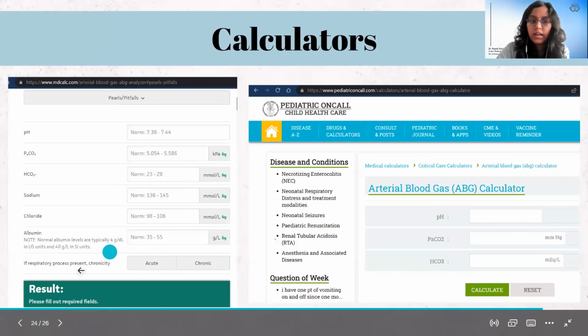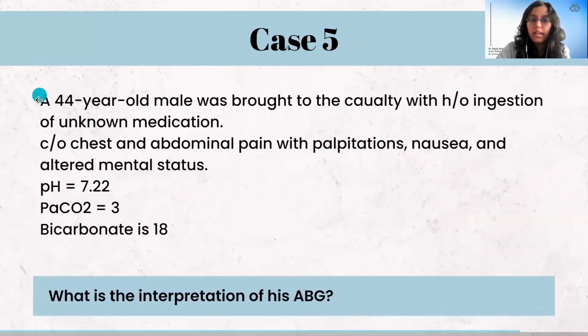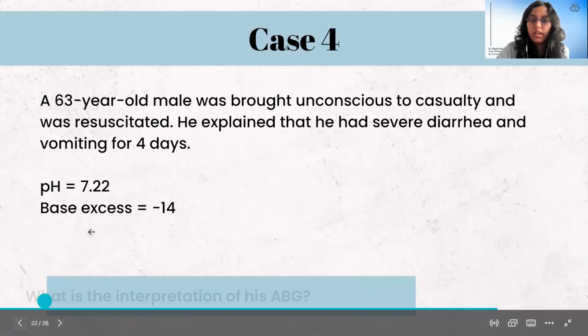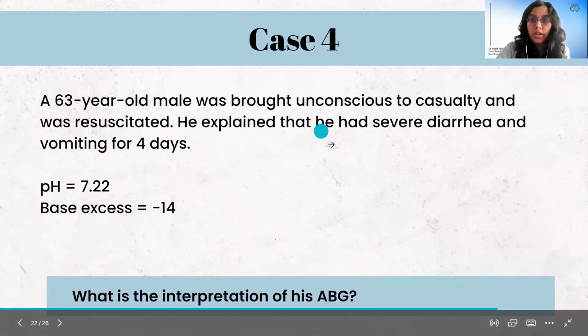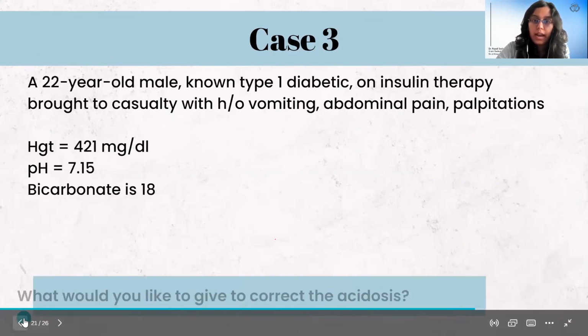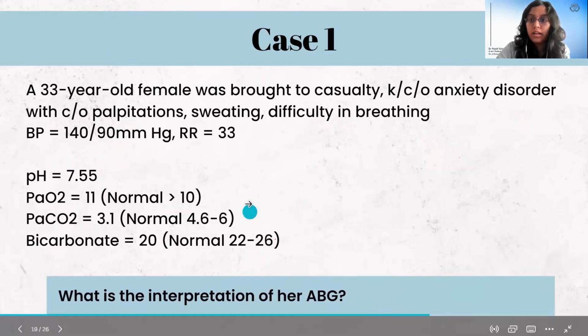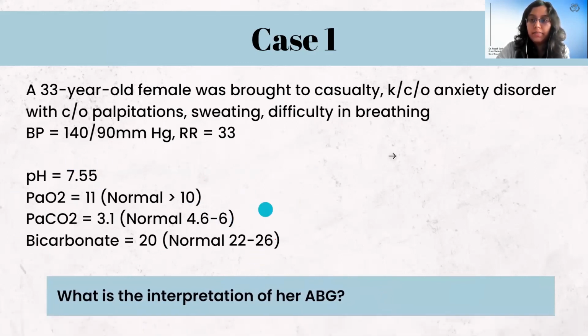Did you guys also understand how in real life scenarios, if the history and your investigation are not matching, you need to take further history, or figure out what has gone wrong somewhere? If your lab investigations are not clear or not making sense, again, your history is your biggest clue.